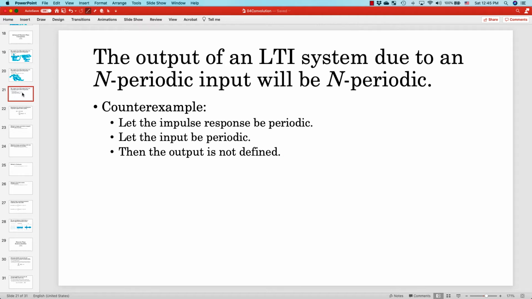So if you have this sum of some periodic function of k times some other periodic function of k, there's going to be no simplification on this sum.